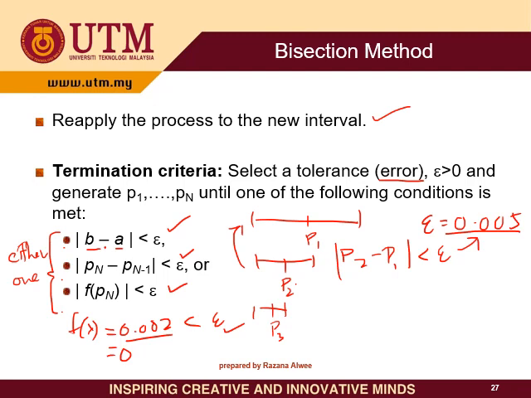Okay, remember this is OR between these three. So if either one is satisfied, then you can stop. So it's better if you have done one or two intervals, just calculate these three to find out whether you can stop or not. If you already satisfy one, although the other two are not satisfied yet, you can stop. Because the more calculations you make, the more mistakes you can have.